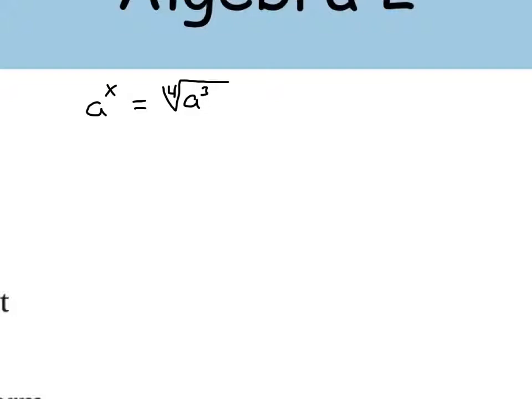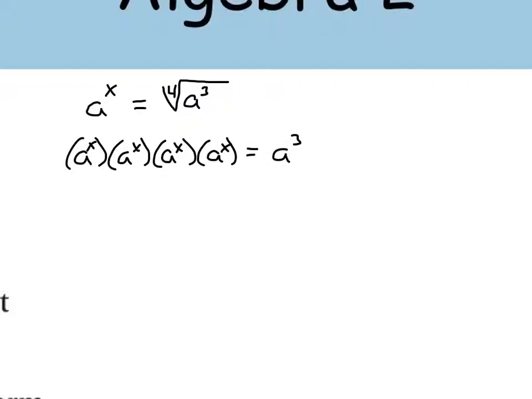So we are basically saying that if we take a to the x times a to the x times a to the x times a to the x, so a to the x 4 times, we're going to get a to the 3rd power. That's what they're saying. The 4th root of a to the 3rd power is a to the x.